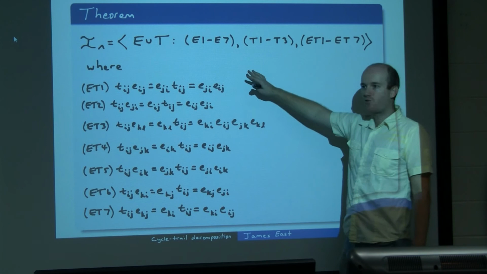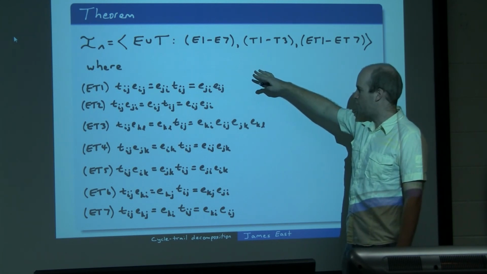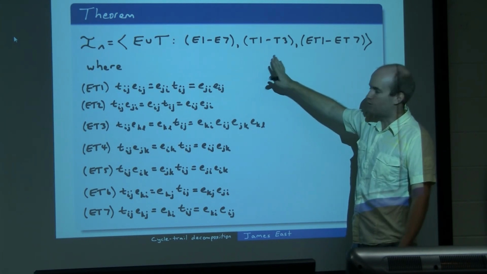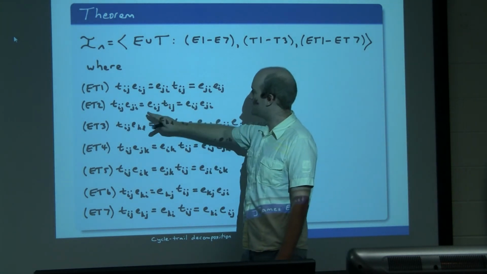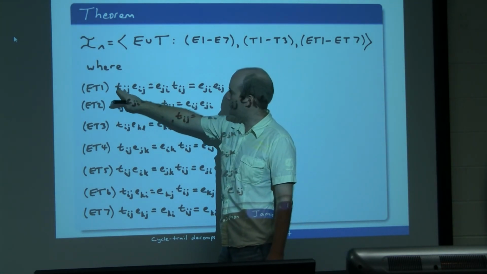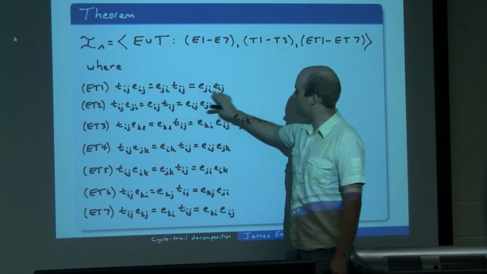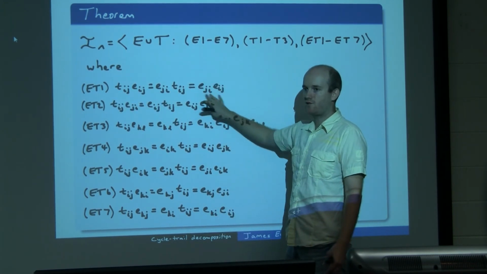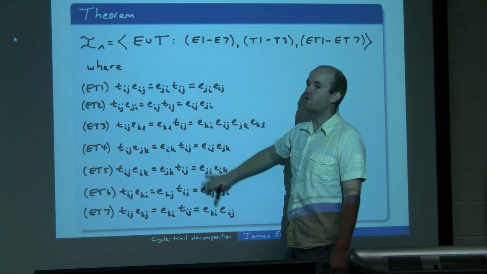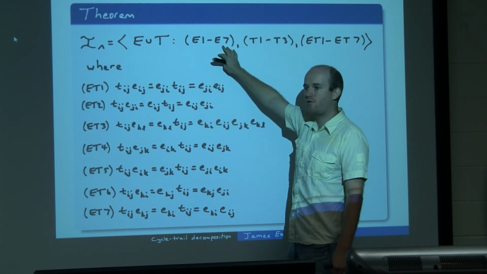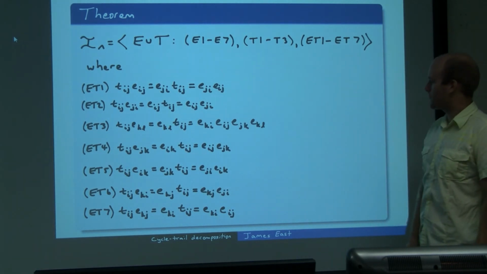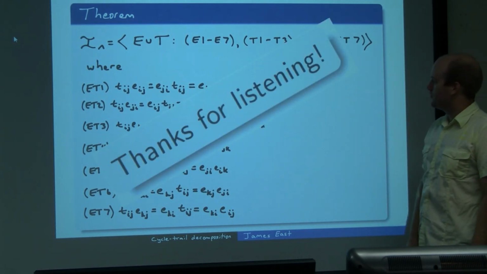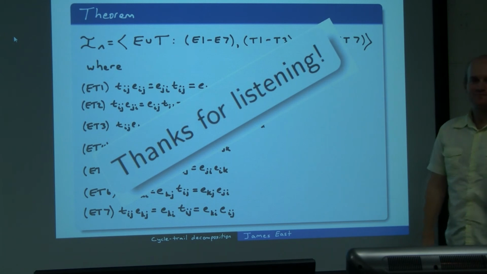Most of these, again, are pretty sensible, and in fact, actually no, that's incorrect. All of them are very sensible. All they are is that every single relation here tells you what happens when you multiply a T and an E, and it tells you at the right-hand side how you can write that just with ease. Right? So it's actually quite simple to get this from the previous ones, modulo a sort of technical result. And that's the end. Thanks very much.